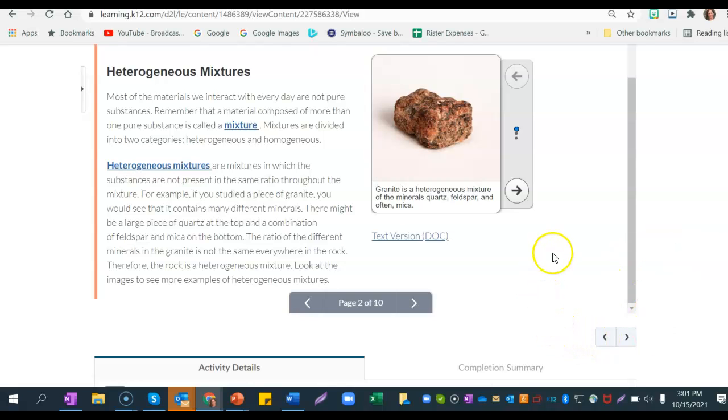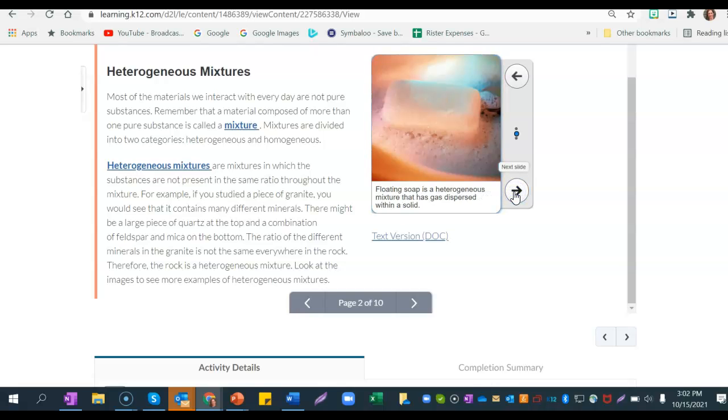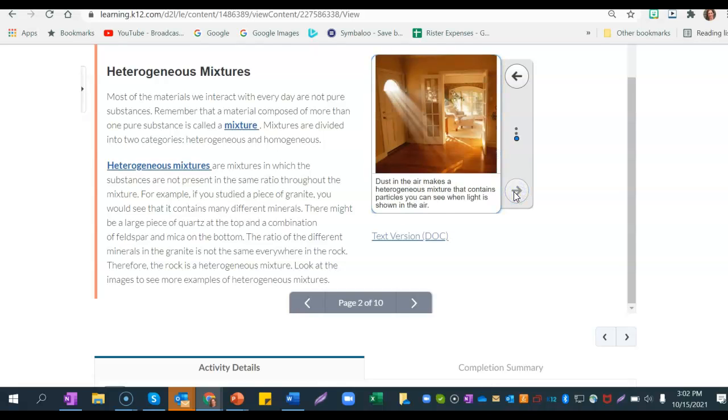So granite, if you know what that is and you're able to put this image in your head when you're reading back through your notes, that would be a good thing to have, or maybe you could take a little screenshot and have that in your notes. You can see the different pieces. Floating soap is a heterogeneous mixture that has gas dispersed in with the solid. Dust in the air makes a heterogeneous mixture that contains particles that you can see when light is shone in the air.